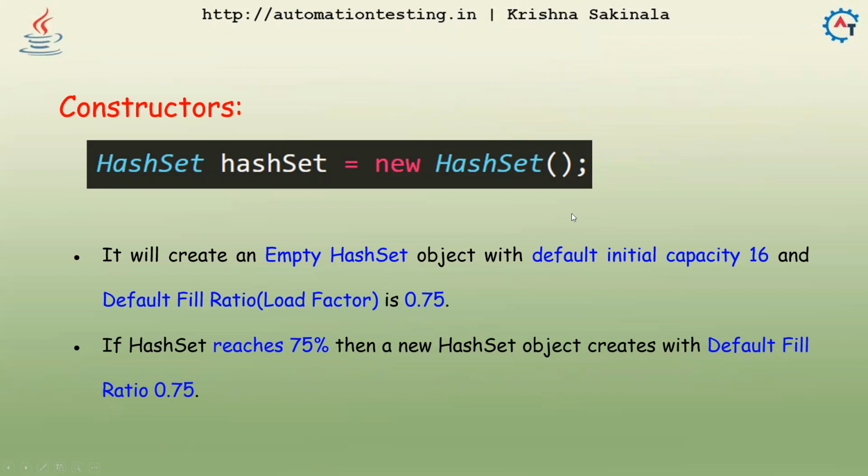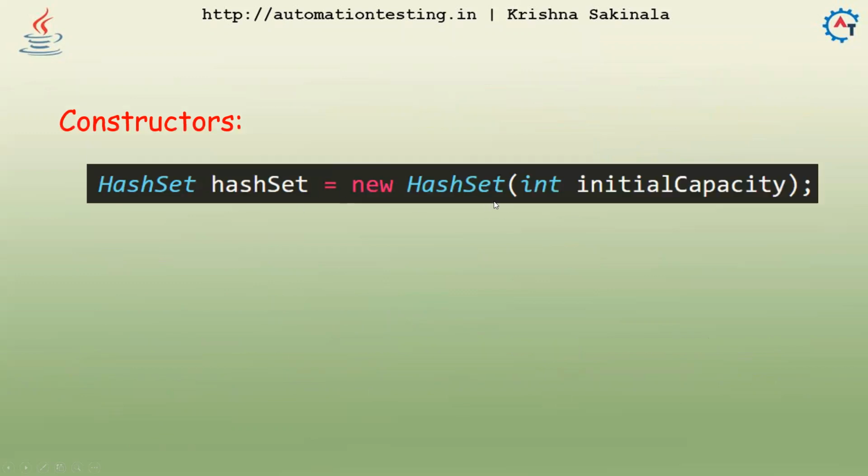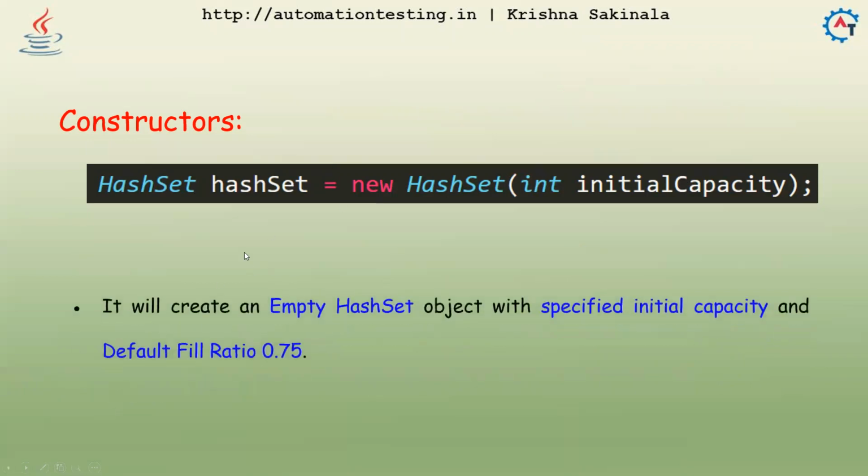This is one constructor. Another one is HashSet with an initial capacity, new HashSet(int initialCapacity). By default, if you do not mention this value, it is 16.